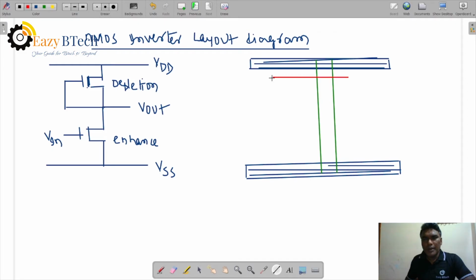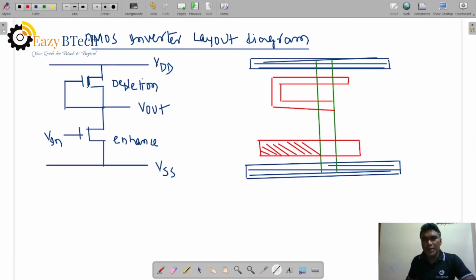Red over green here, and we have polysilicon. Red over green is the depletion mode transistor, and yellow implantation is there. So it is forward lines.